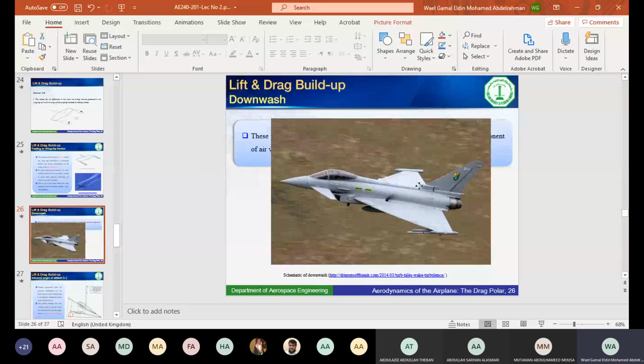So here's the Typhoon. We have that surface. Where is the horizontal tail?